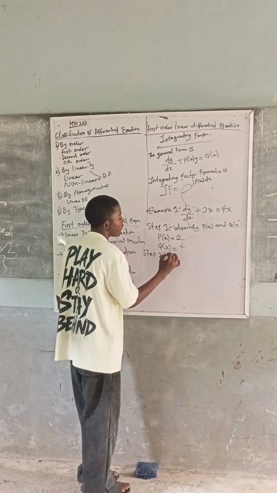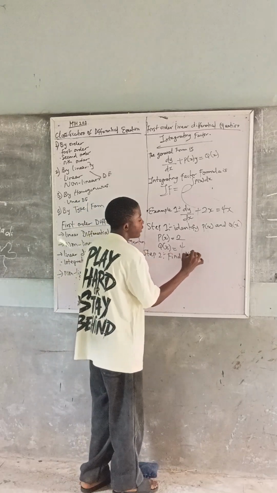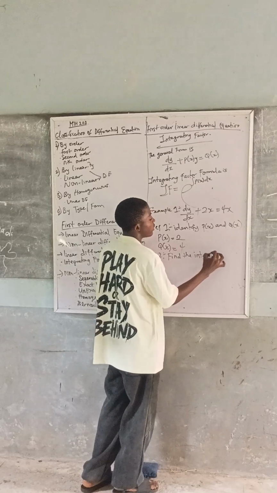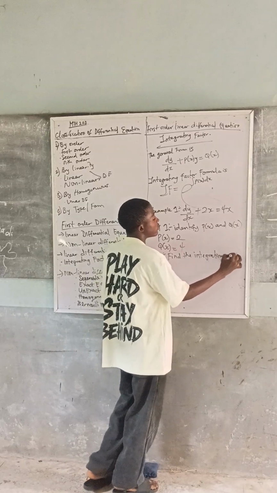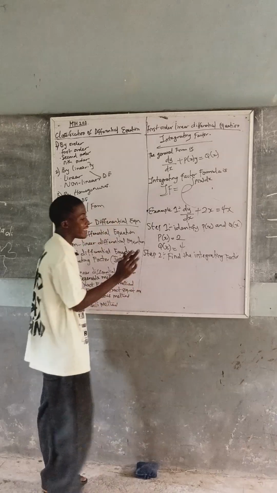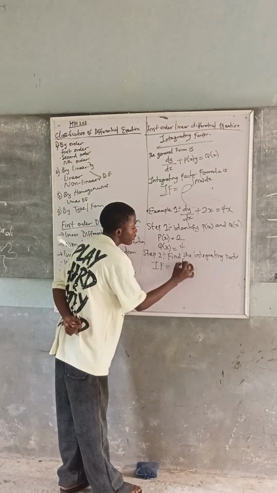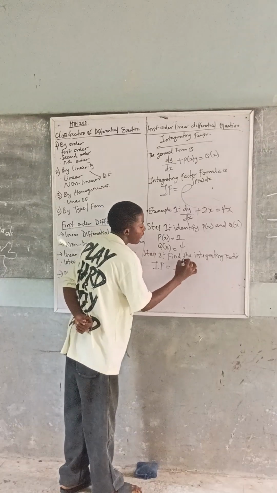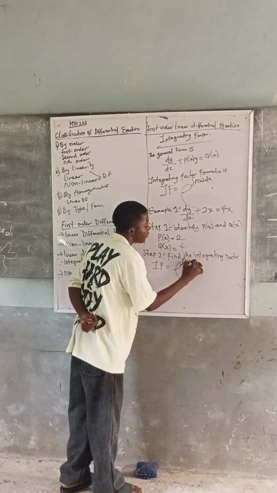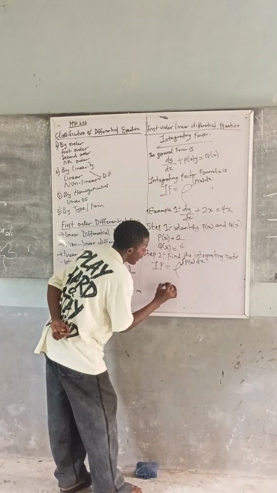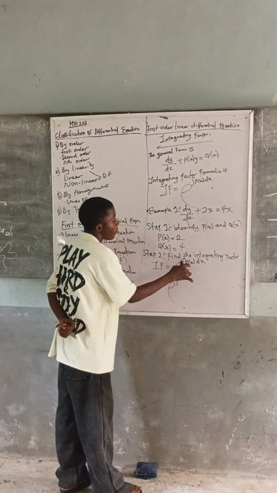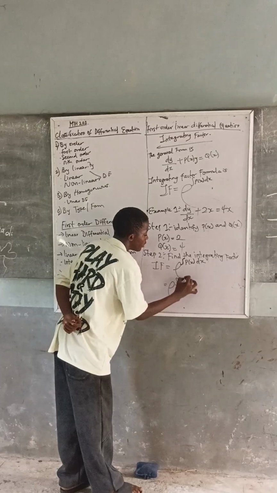Step 2, find the integrating factor. What is the integrating factor? The formula is IF equals exponential to the power of integral P of x dx. That equals exponential integral, what is our P of x? 2 dx.